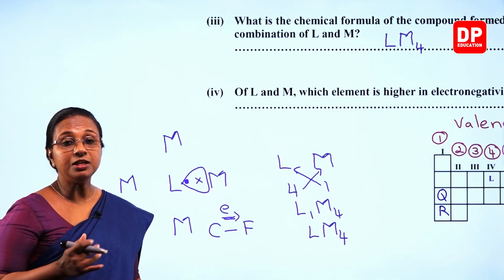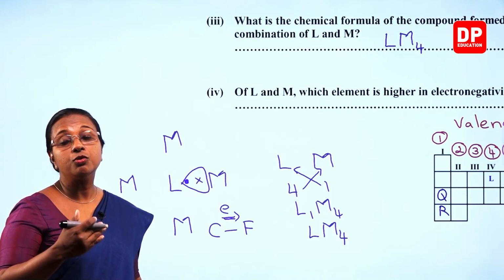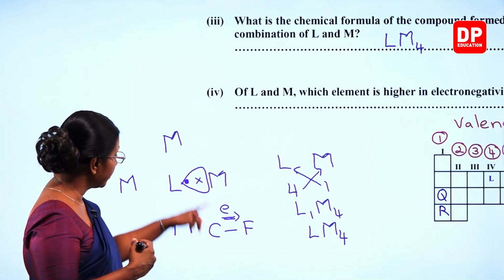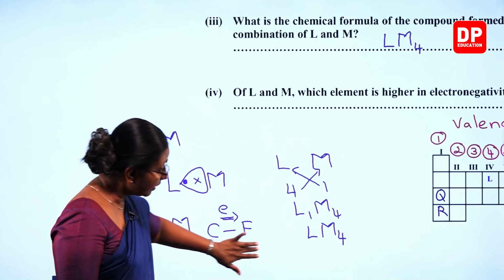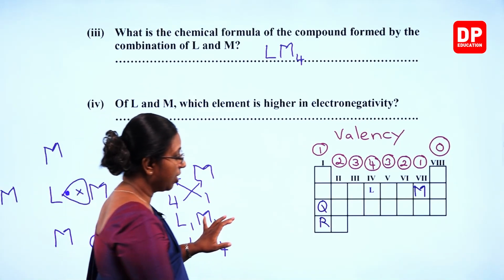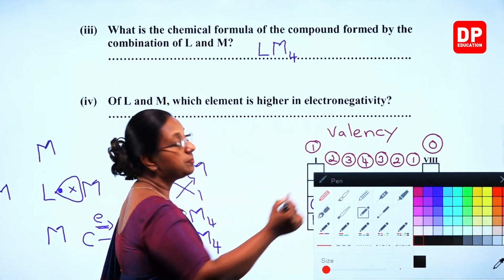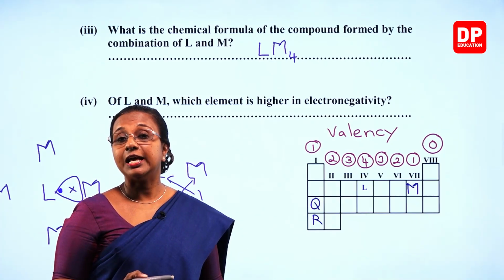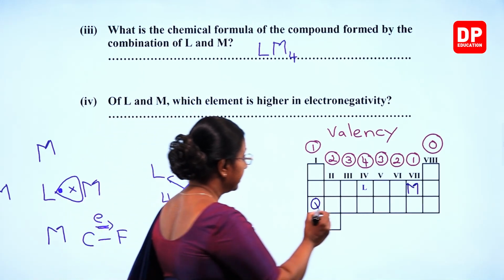So the ability to draw the electrons towards itself from a covalent bond in the bonded state is what we call electronegativity. And in a periodic table, we all know, students, as we go across the period, what happens to the electronegativity? Electronegativity increases.